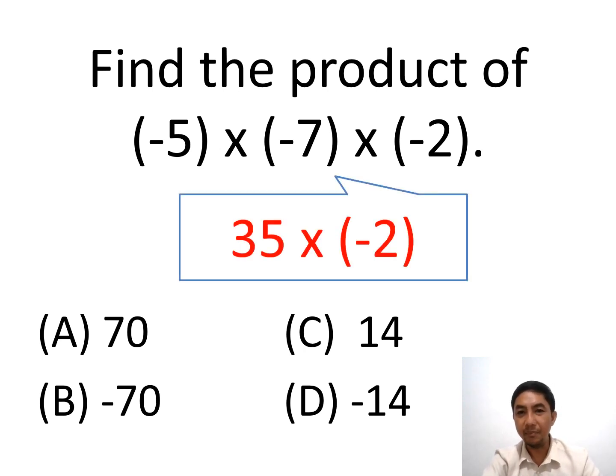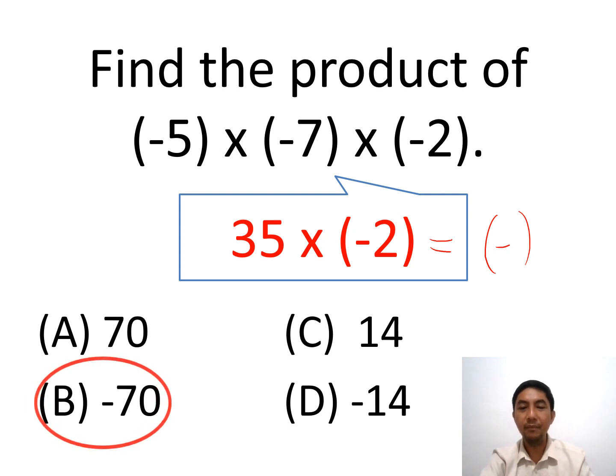And then later on, multiply it by negative 2. Now this time, 35 and negative 2 have different signs. So we expect that the answer should be a negative number. So therefore, 35 times negative 2 will give you negative 70.